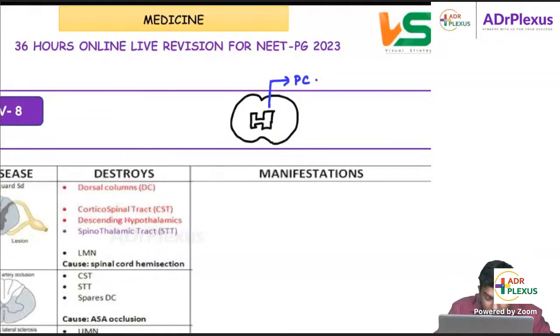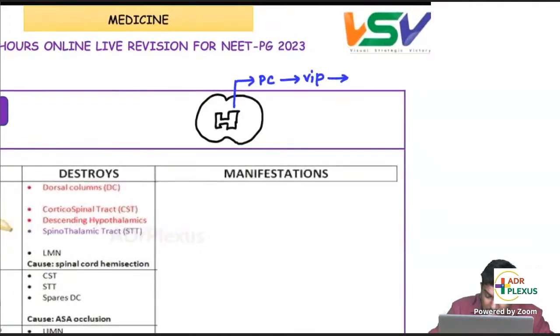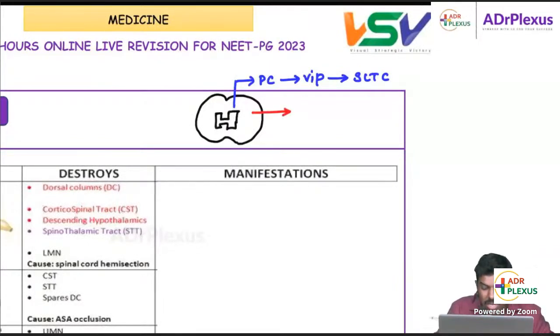What does the posterior column carry? VIP sensation. How are the fibers arranged? In the form of SLTC. Then we have the corticospinal tract. How are the fibers arranged? In the form of CT-LS.